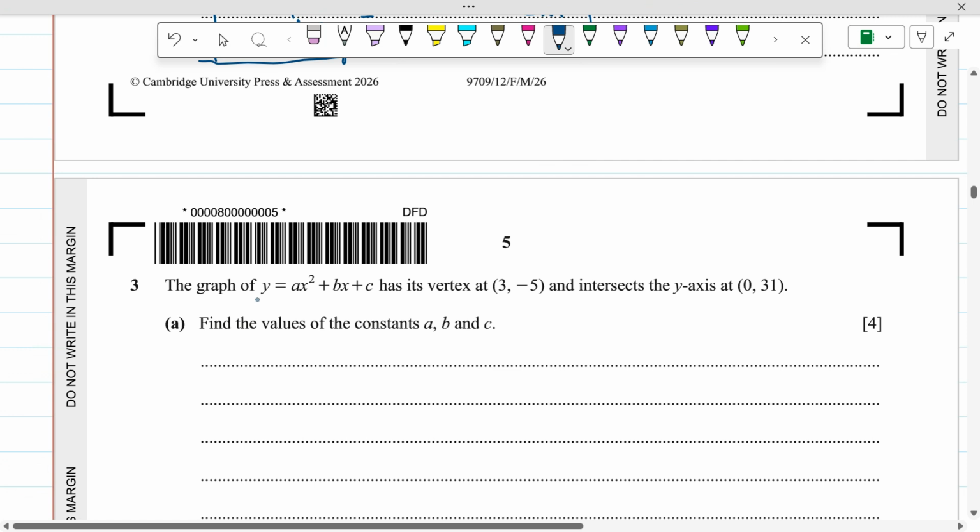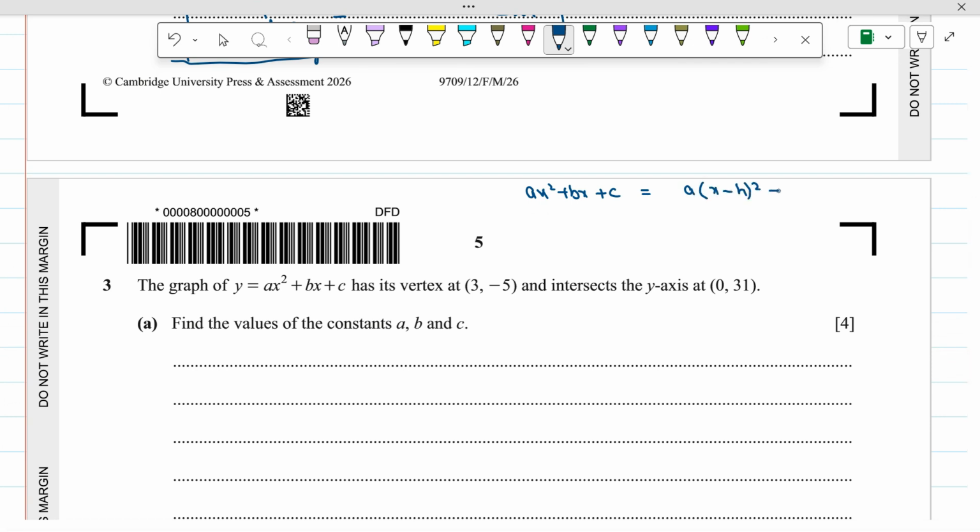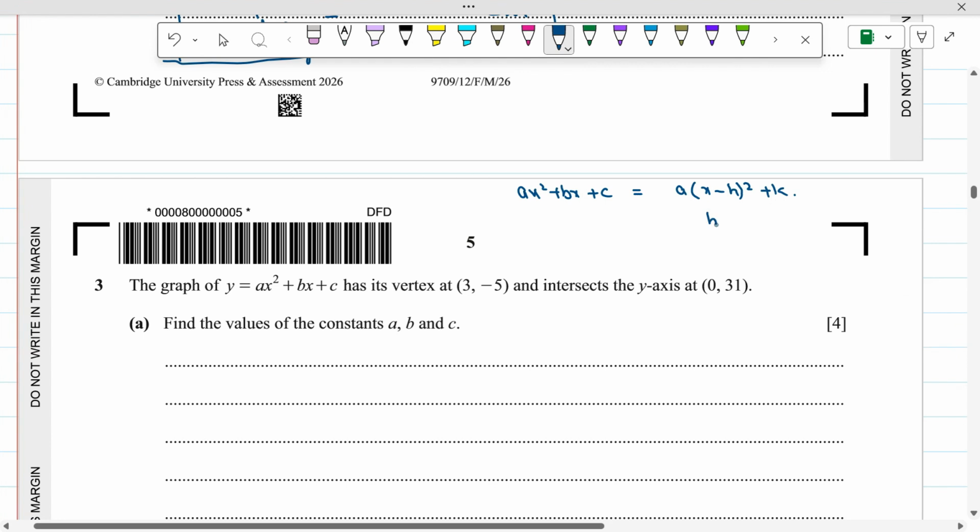We know that this is the equation of a parabola, which has two representations. One is ax squared plus bx plus c, and this equation can also be represented by a times (x minus h) whole squared plus k, where (h, k) is the vertex.